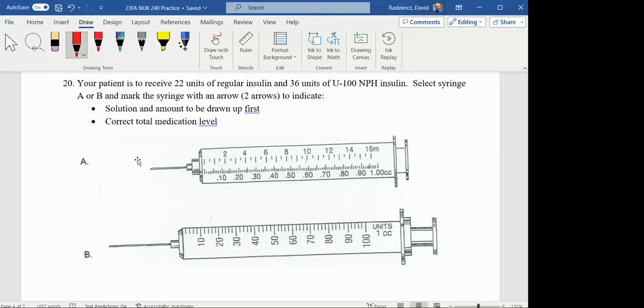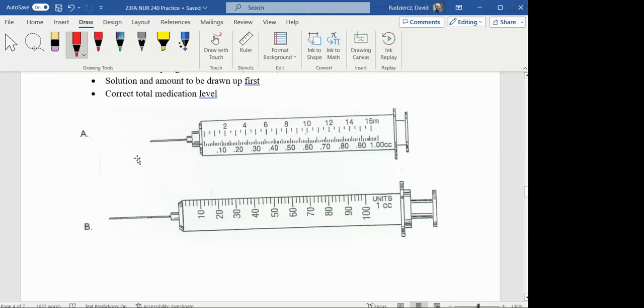It's in the textbook as far as how they do this. In reality, it all mixes. You've probably done mixed insulins at this point, and you realize the only reason you're doing the clear before cloudy is so you can see what you're drawing up. But once they're all pulled in, it's all mixed. So there's no separation. This is all hypothetical, which is one of the reasons why I hate this question.